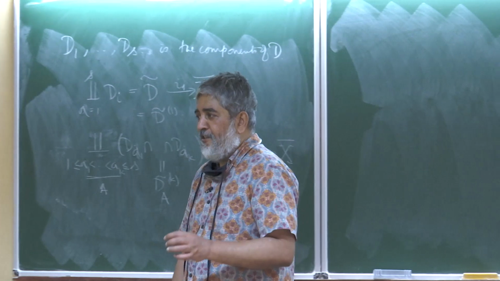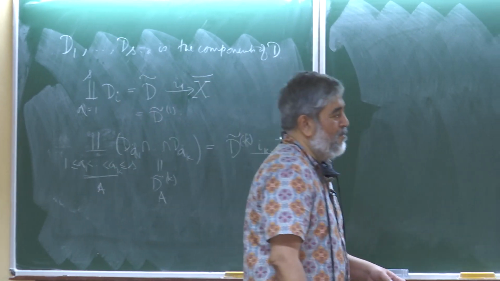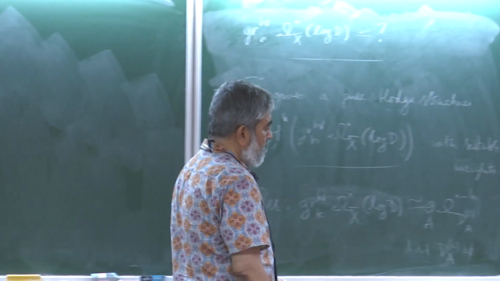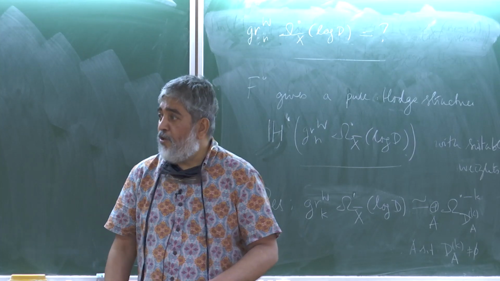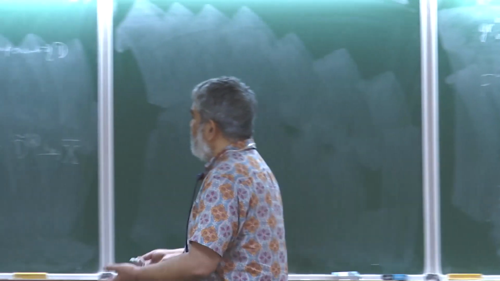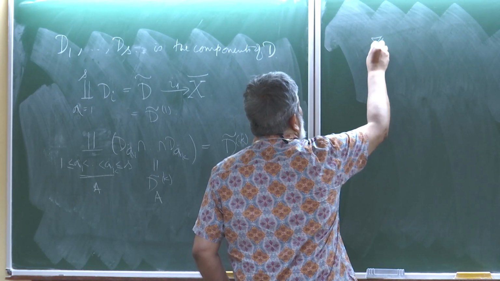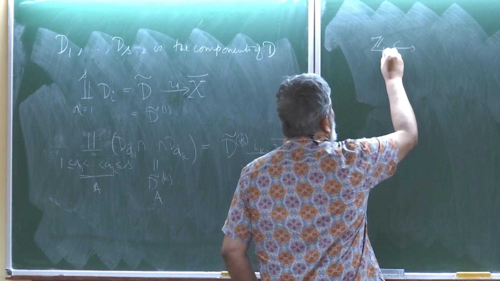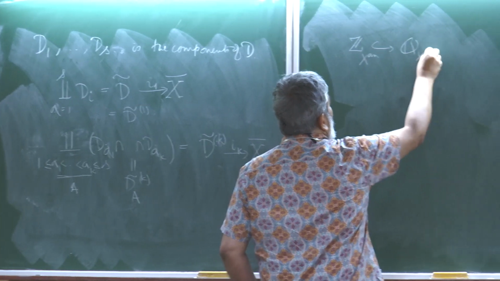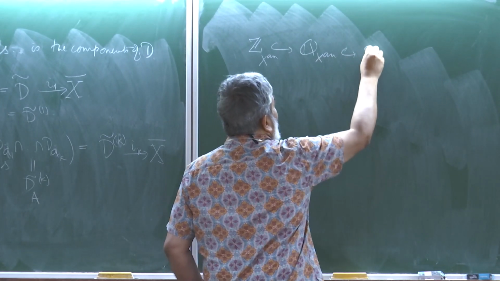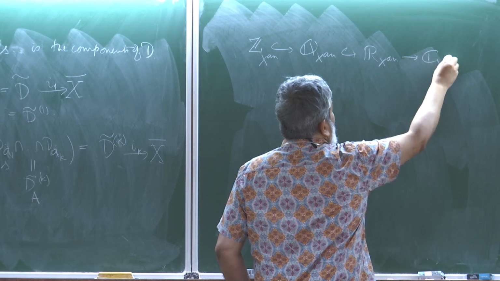The only thing you need to be careful about, which we have been skipping so far, is what happens to the integer cohomology or the real cohomology. You can talk about integer cohomology. So there is Z_X^n sitting inside Q_X^n, sitting inside R_X^n, which is sitting inside C_X^n.